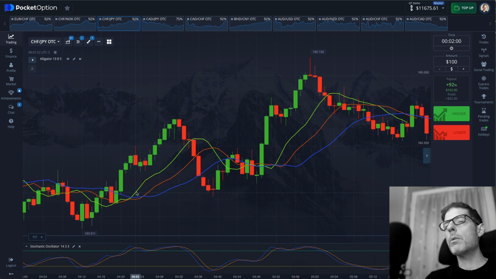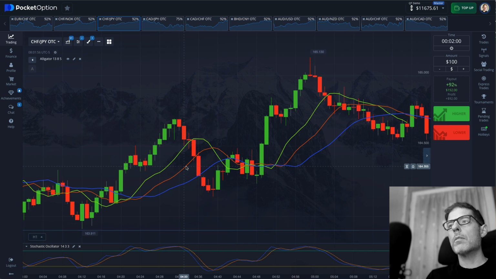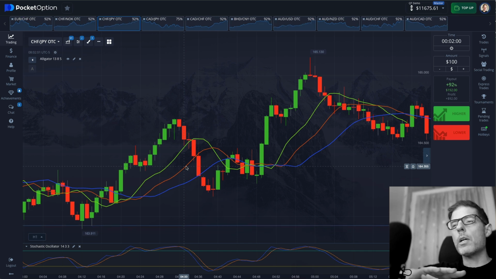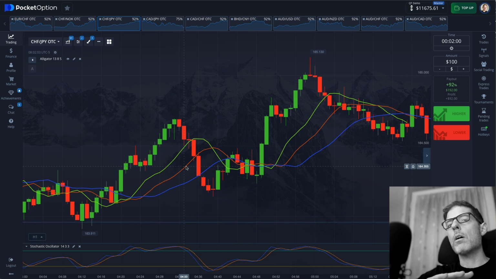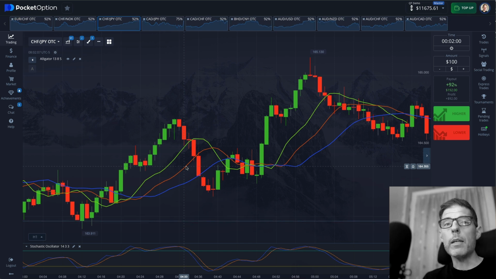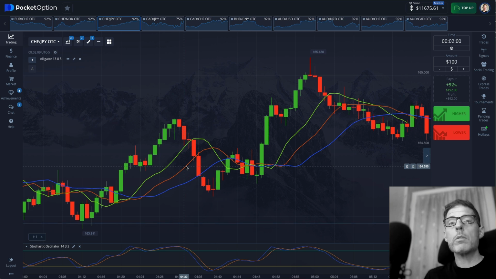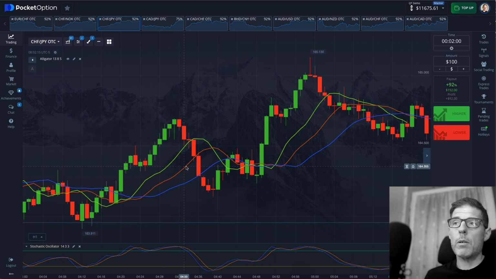So it's following the price action, and it's making moves, and it's making curves, and the lines are crossing each other, and all this is happening based on the price action. So all indicators are delayed, right? If they weren't delayed, then we'd have a bunch of people winning in the market, right? Or there maybe wouldn't be a market for that matter.